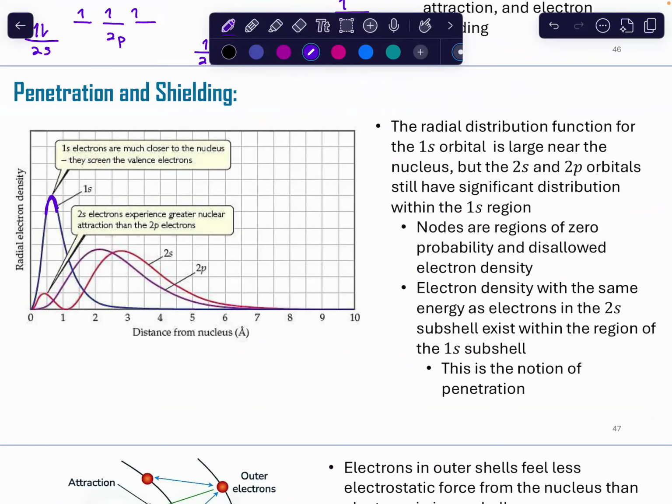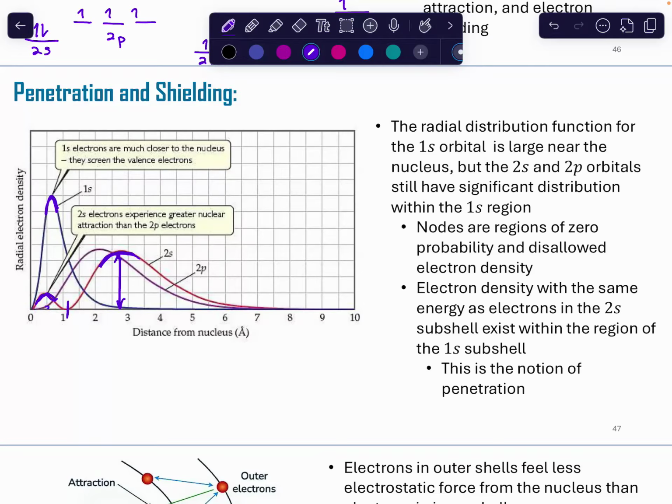But then again, if we look at your 2s orbital, we notice that, yeah, most of its electron density is going to be further out than the 1s orbital. However, again, you have the node right there, but it still is going to have some electron density within the 1s region.